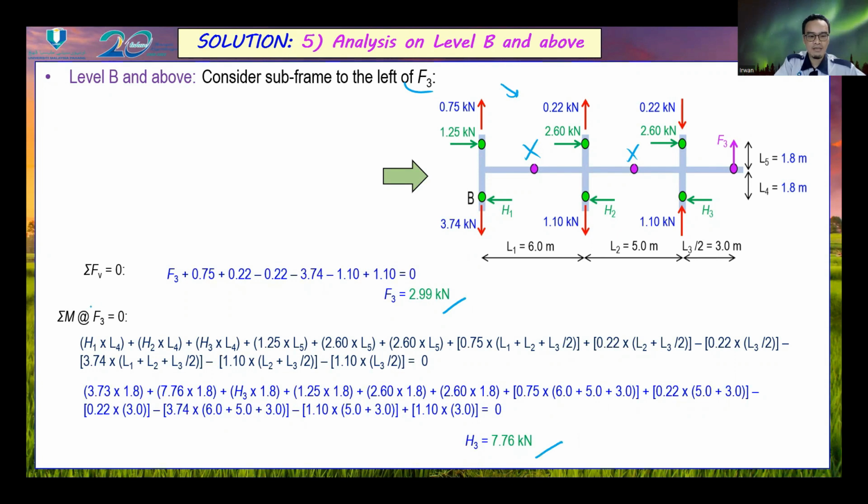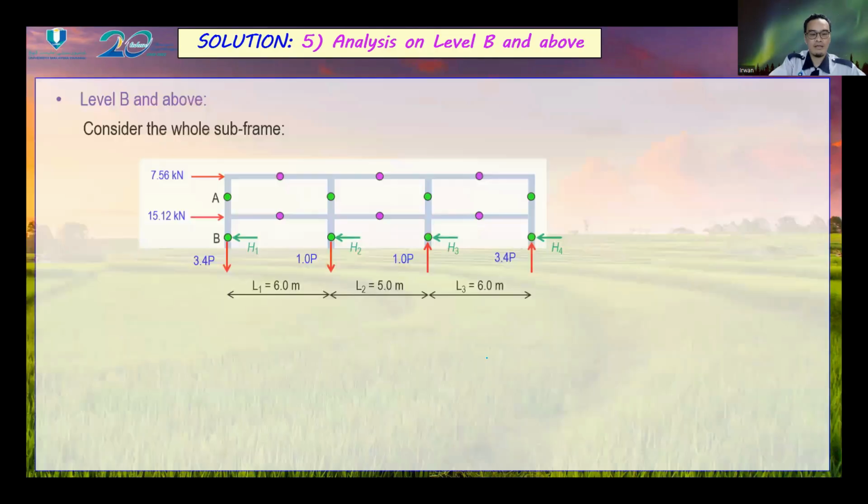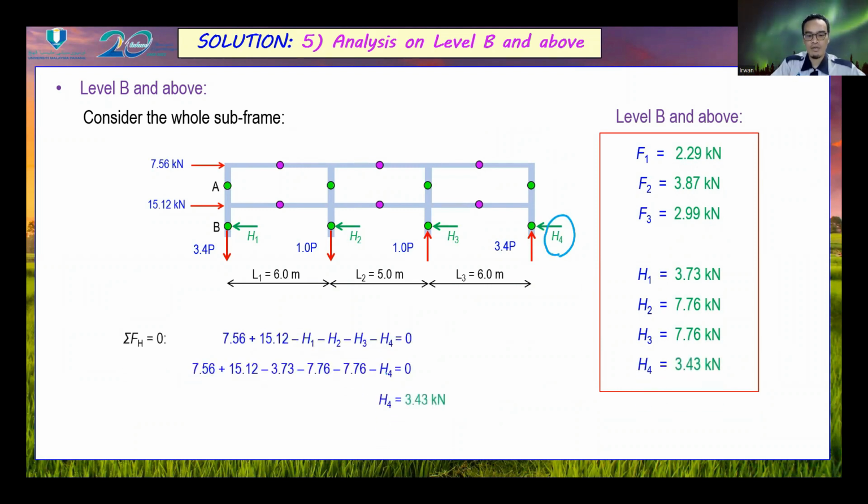By solving this equation, I hope you know how to develop these equations, because it's quite complicated since we have to deal with so many forces and so many distances. Next, we consider the whole subframe to settle the value of H4. Based on this equation, the value of H4 shall be equal to 3.43 kilonewton.